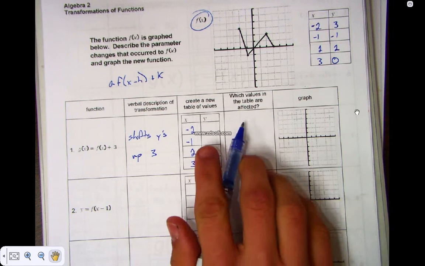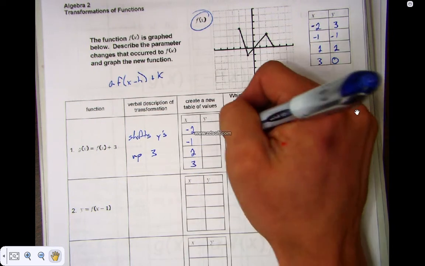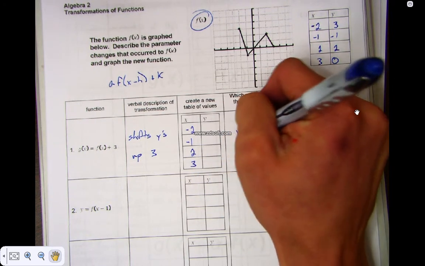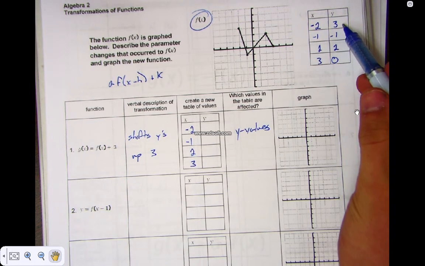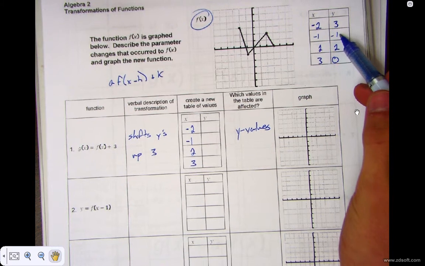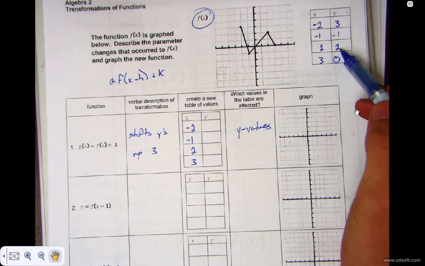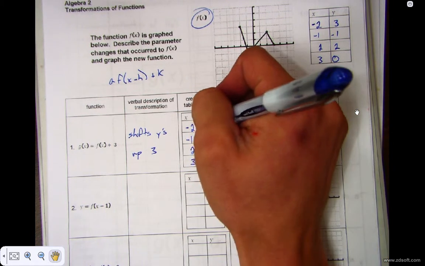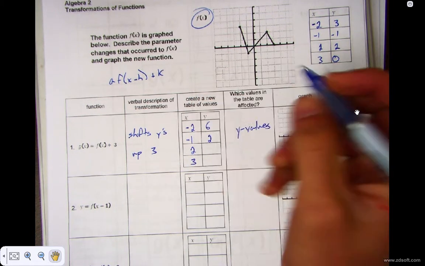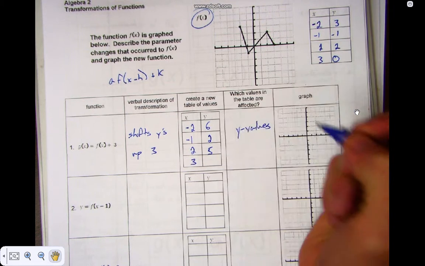Which values in the table are affected? Y values. So here it goes. They're shifting all of these up 3. So I've got this 3 becomes a 6, this -1 becomes a 2, this +2 becomes a 5, and this 0 becomes a 3. So we've got 6, 2, 5, 3.